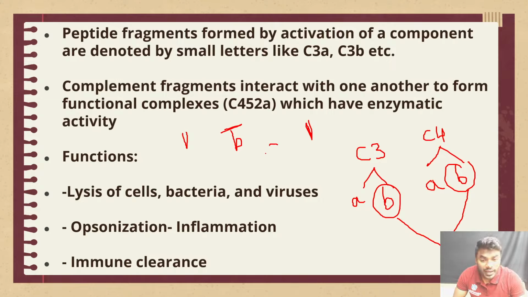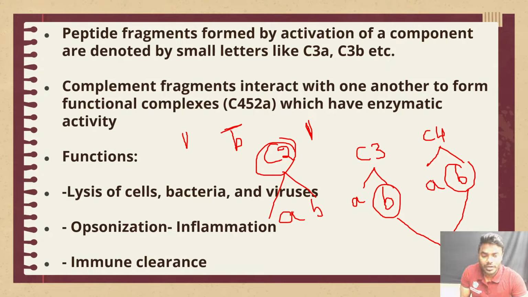Exception with what? Exception with only the complement 2 molecule. Only one exception. The complement 2 molecule also breaks down into an A part and a B part. But in complement 2, friends, A will be the larger part, and that is what associates with the other. Please kindly do not get confused with this particular point.